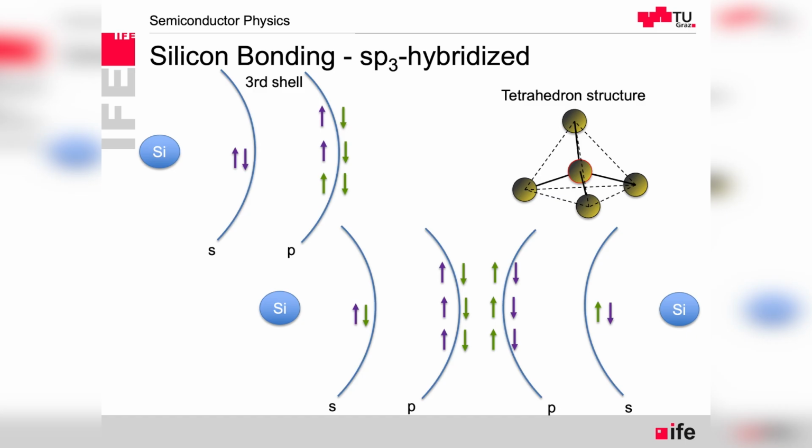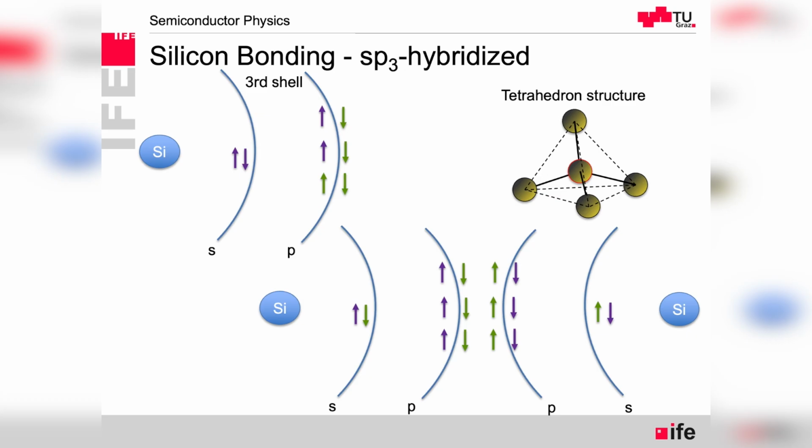And normally, because we have just 4 electrons, the S shell will be filled, and then the P shell will be partly filled, and then those 4 electrons are missing in the valence band, and they can later come from a different atom to form the covalent bonding. But that's the situation with a single atom.